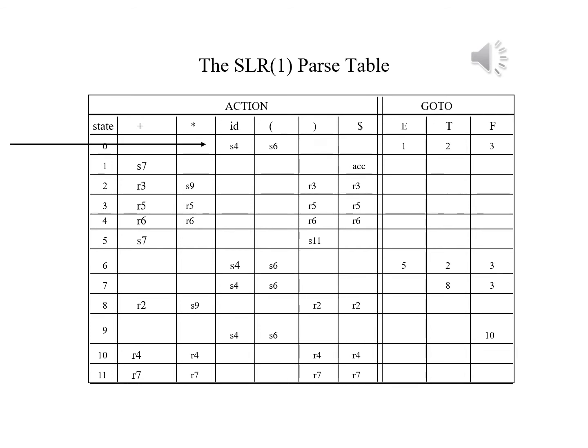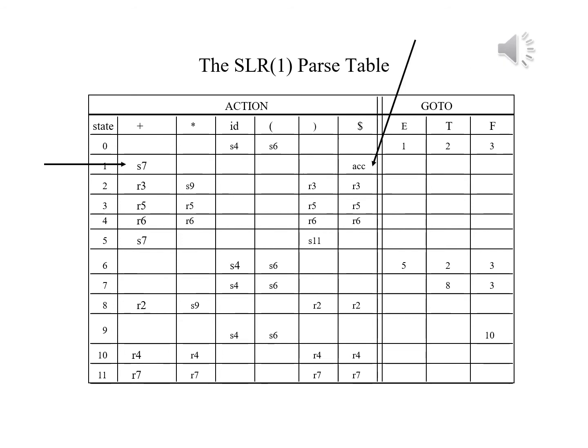State 0 has 7 items, all of which are non-final. A look-ahead of identifier means that the action is shift and go to state 4. The open parenthesis means shift and go to state 6. The go-tos for the non-terminals are exactly as they were in the SLR parse table.